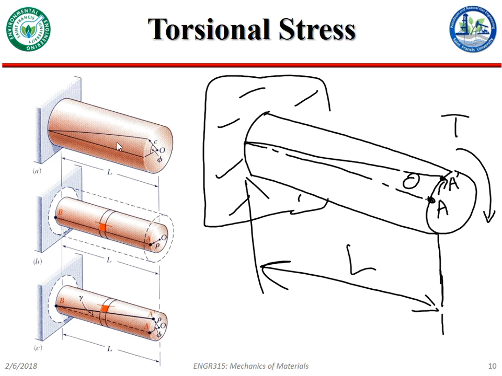and I can find some angle of twist, or some deformation there. So if I drew an element on top of that, if I had some undeformed element here, the top of that has to move with the deformation.